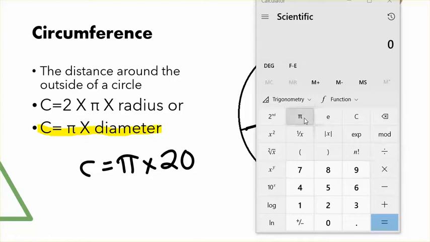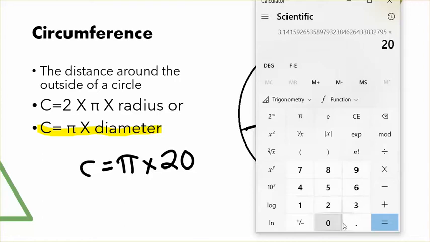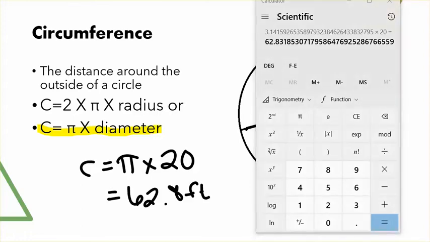On my calculator, I have pi. And again, you can type in 3.14 if you don't have a pi key, times 20 equals. I'm going to round that to 1 decimal place, which means I could stop at the 8. The 3 keeps it the same. So here I have a circumference of 62.8 feet.